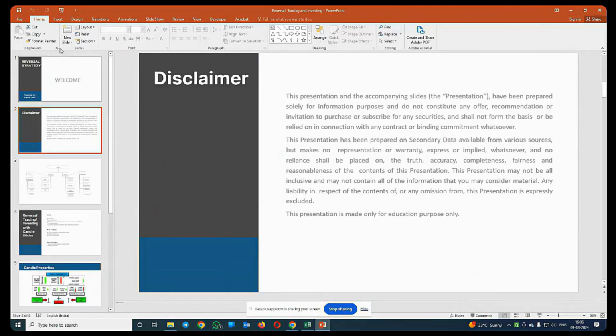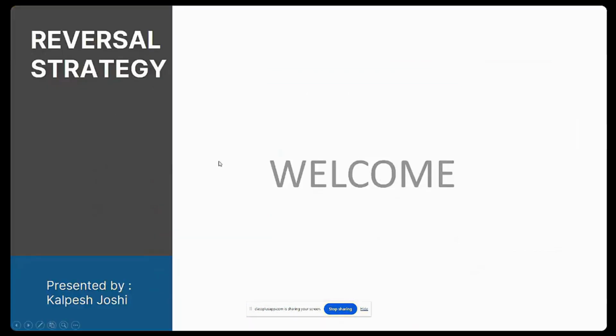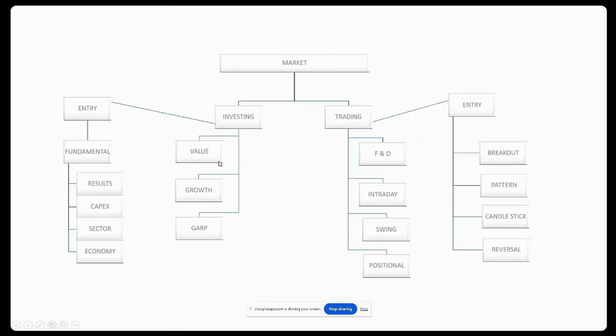Now you're able to see the second and third slide. As I'm not able to see your chat, somebody needs to confirm on WhatsApp.